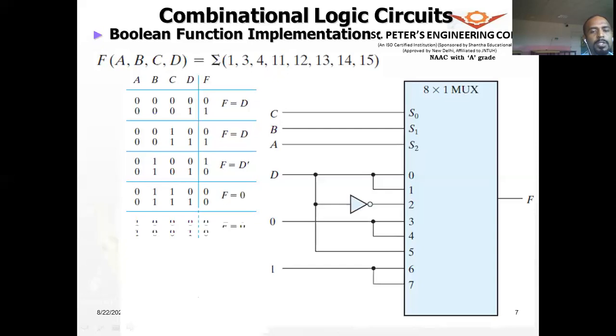So next combination is for 8. That is when A is 1, B is 0, and C is 0. Then when D is 0, it is minterm 8. When D is 1, that is minterm 9. For both of those minterms, the function value should be 0. Therefore, again, we are giving F is equal to 0.